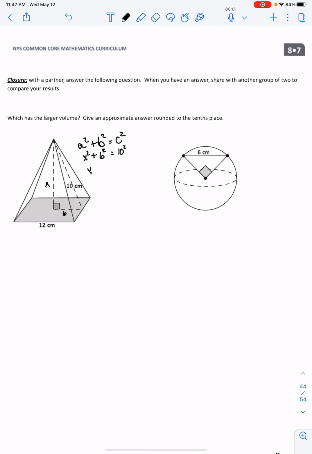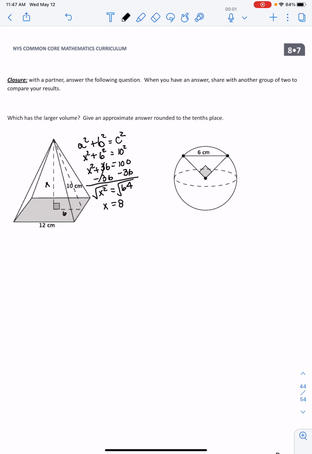So I have x squared plus 36 equals 100. Subtracting 36 from both sides, I have x squared equals 64. Taking the square root of both sides, I have x equals 8.